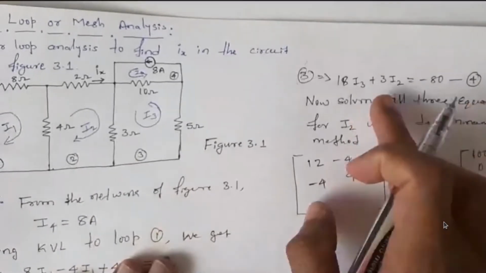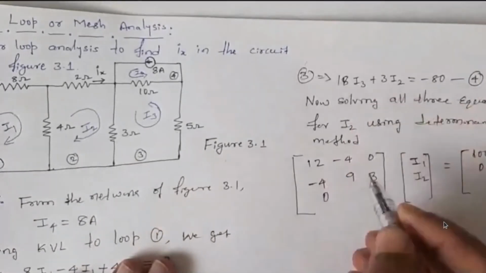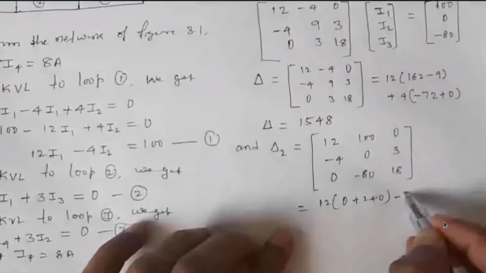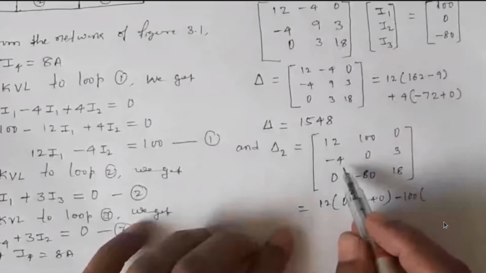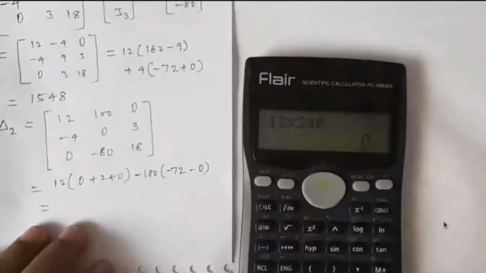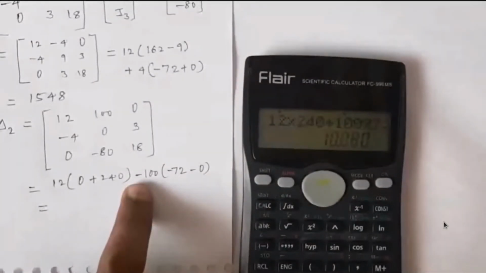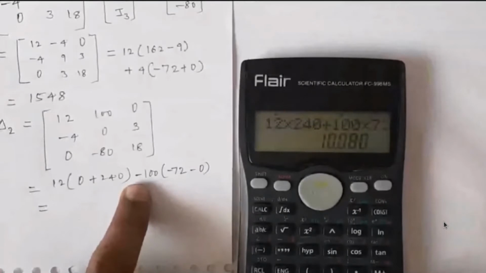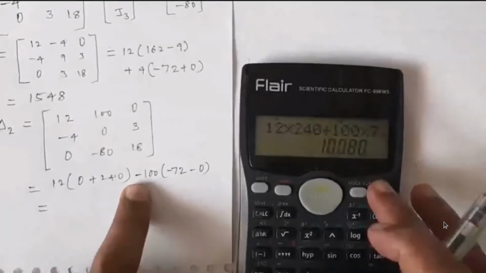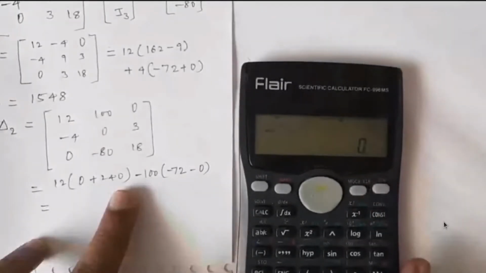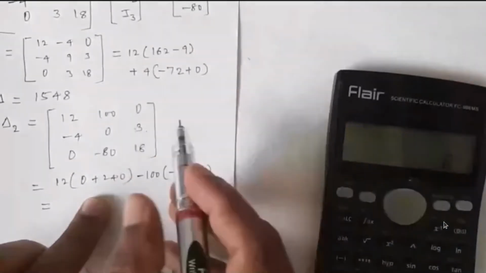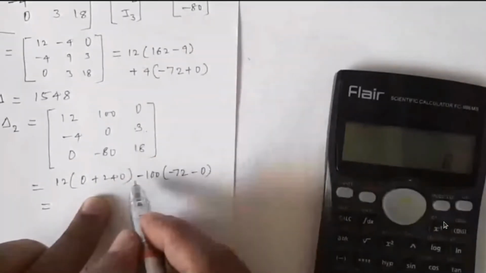This is I1 is 0, this and this. So I'll calculate here 12 into 240. Minus into minus is plus, 100 into 72, plus and minus 100. So leave this and this, minus into minus.